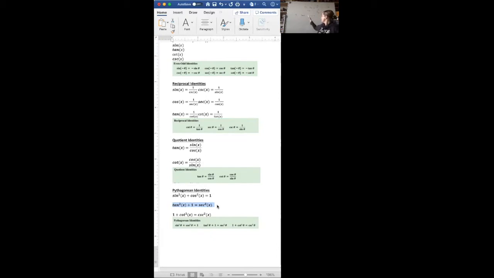When we're trying to relate secant and tangent together, one thing we can use is the Pythagorean identity that says tangent squared of theta plus 1 equals secant squared of theta. Okay, all right.